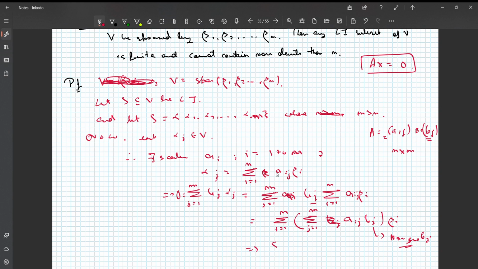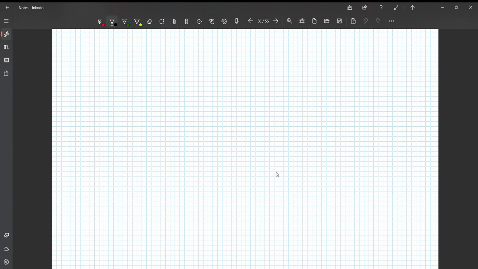If there exist non-zero b_j's, then that would imply that S is linearly dependent, but that is a contradiction, because S was assumed to be linearly independent. So that means n must be less than or equal to m. Okay, but then obviously it's finite. Now if I apply this to the fact, you can consider this to be a corollary, that the dimension of a vector space is unique.